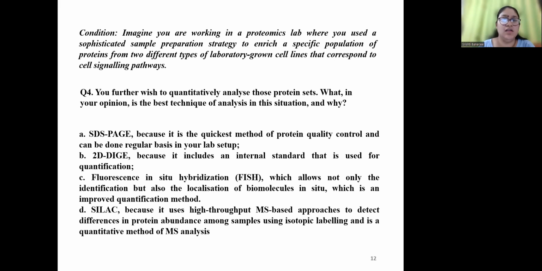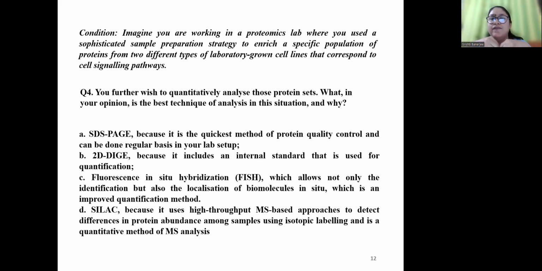So, what is happening here? You're working in a proteomics lab. We've used a sophisticated sample preparation strategy to enrich a specific population of protein from two different types of cell lines.